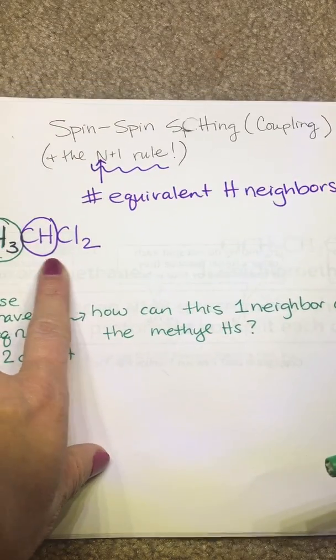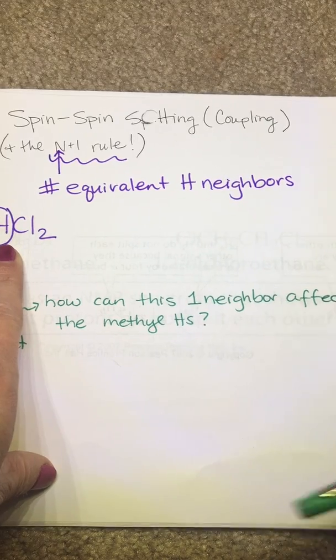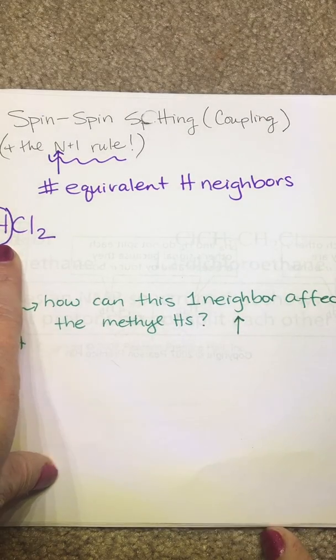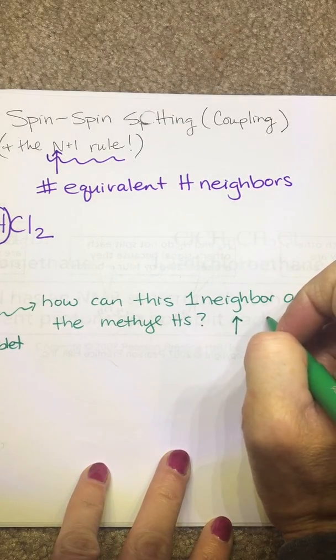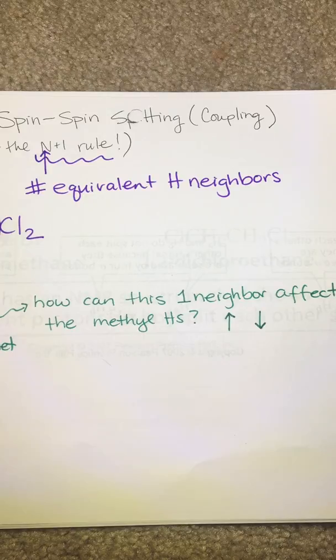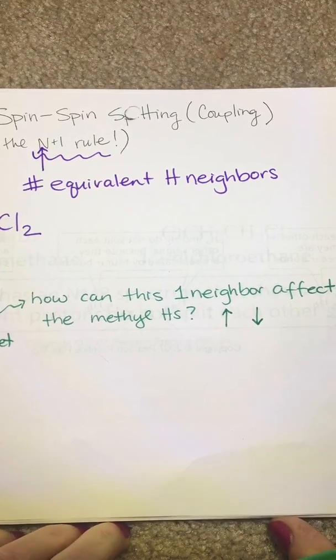Well, that one little methine hydrogen can have a spin up, and he can also have a spin down. Those are the only combinations that that one little hydrogen neighbor can do.